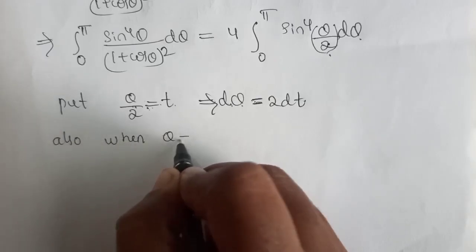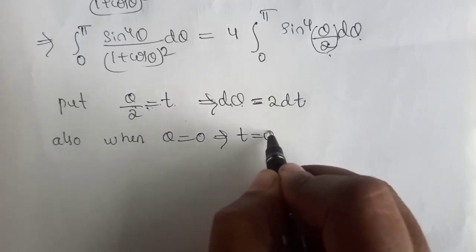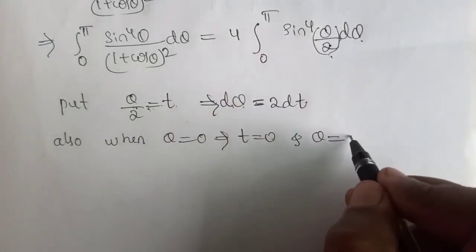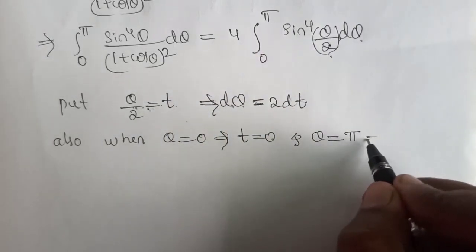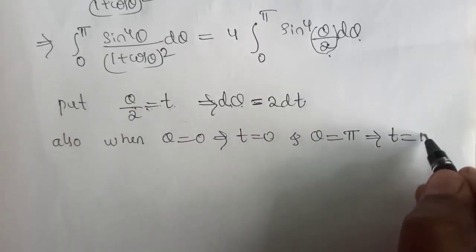When theta is equal to 0, we get the t value equal to 0, and when theta is equal to pi, we get the t value equal to pi by 2.